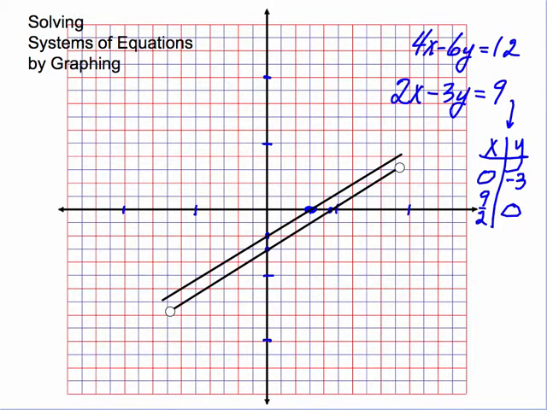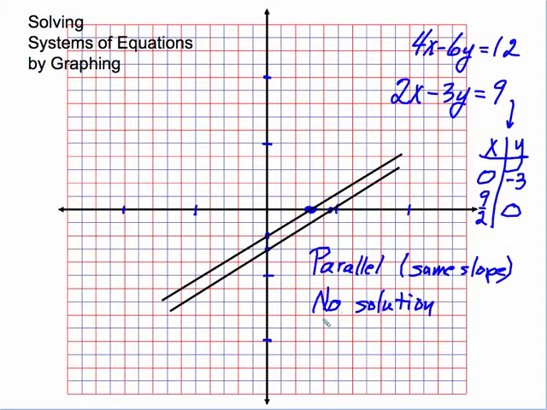And it looks like these two lines are parallel. And in fact, they are parallel. And if the lines are parallel, which also means they have the same slope, then this system has no solution. Okay? And later on we'll learn that this is called an inconsistent system.